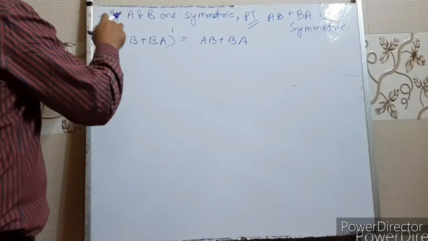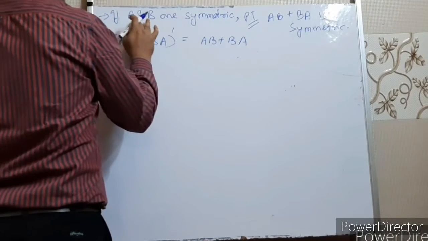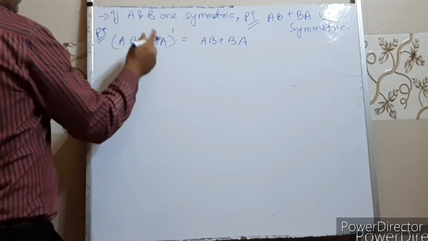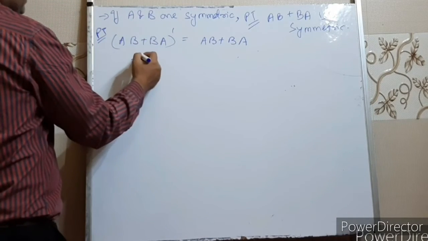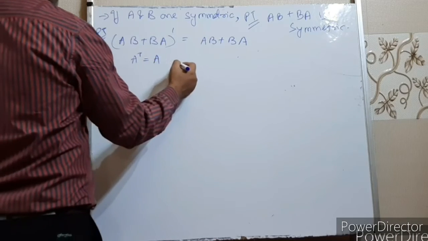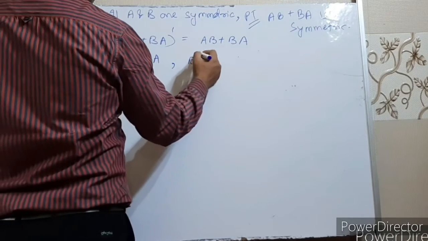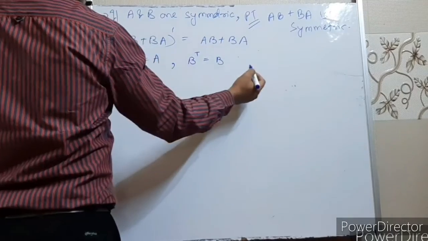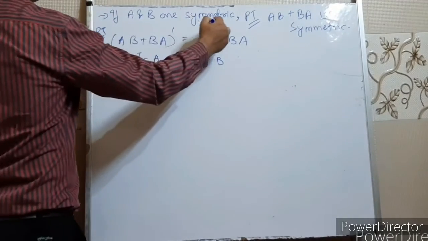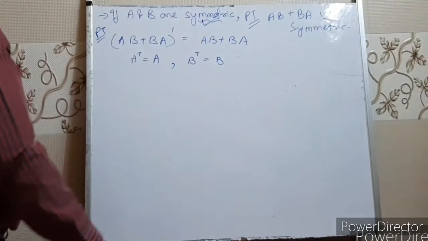Now, according to the question, A and B are symmetric matrices. That means A transpose equals A, which is given to us, and B transpose equals B. Because A and B are symmetric, it is given in the question.